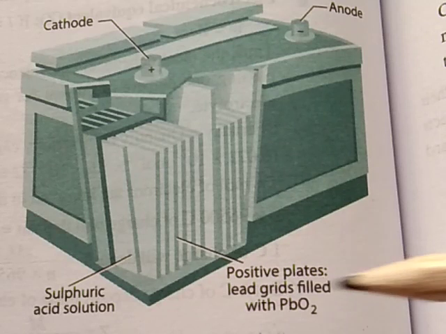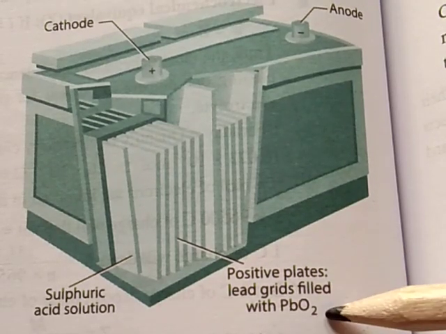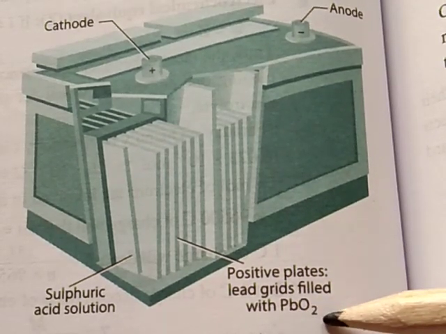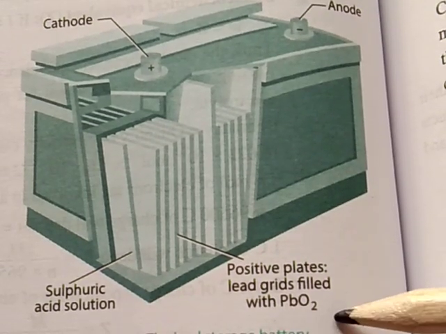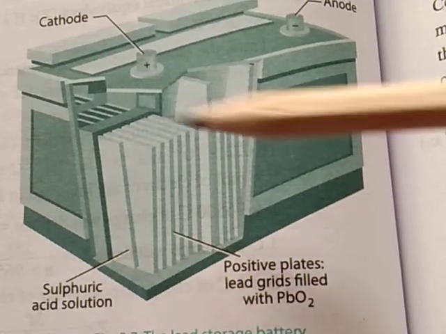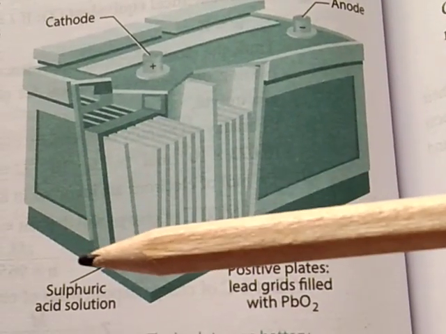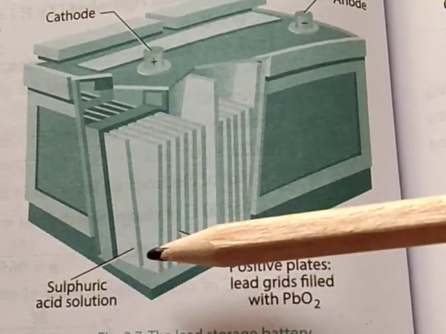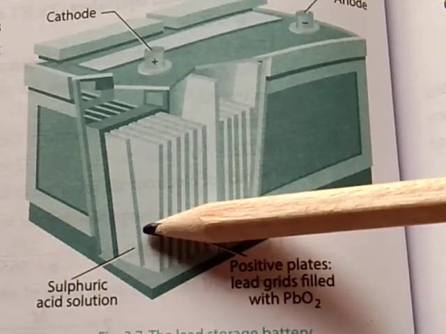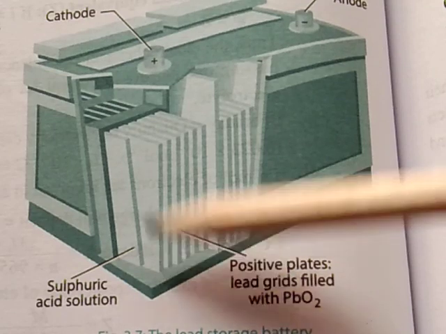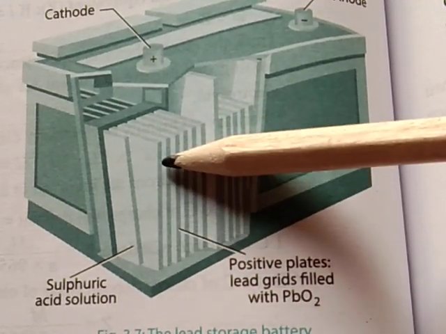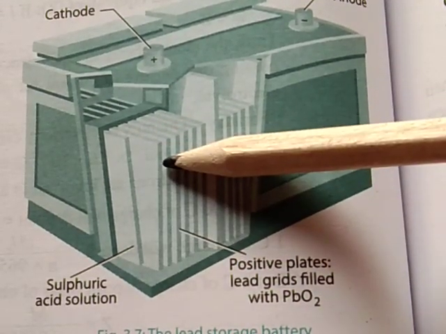Grid means a plate filled with PbO2, lead dioxide, which is red brown in color. And a 38% solution of H2SO4 is used as the electrolytic solution in the lead storage battery.